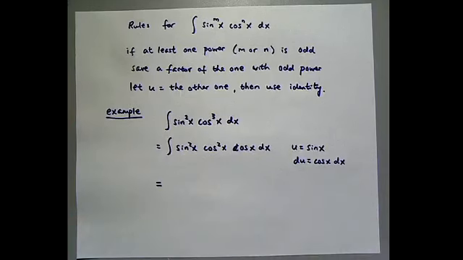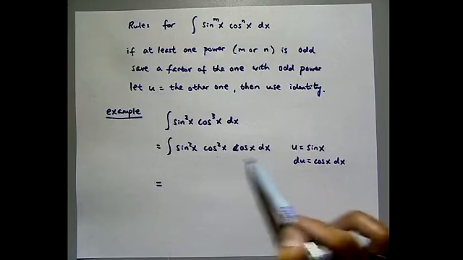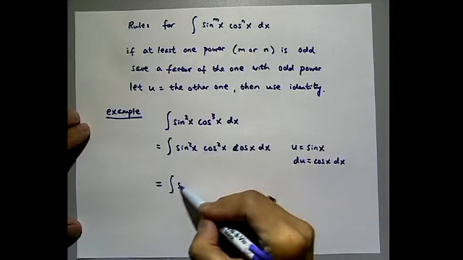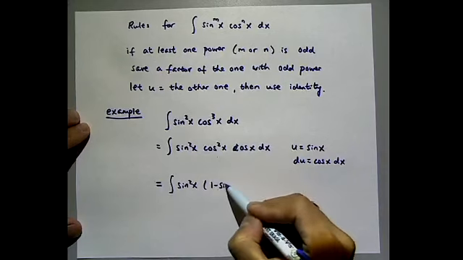And then we go ahead and change everything over to u. So we use identity for the leftover cosine squared. This is du already. And now we got sine and sine. The one factor we saved that goes into du. So we leave that alone.